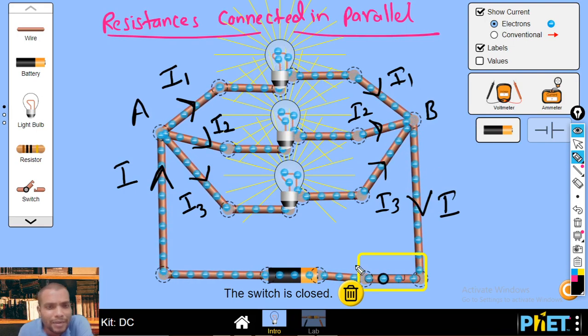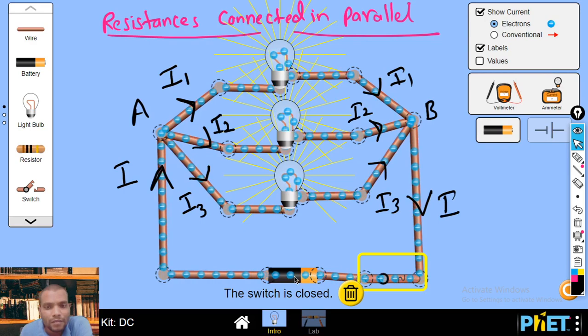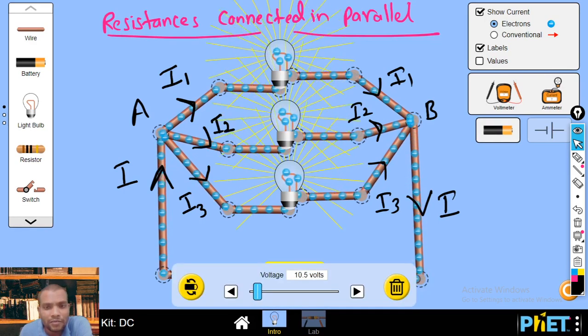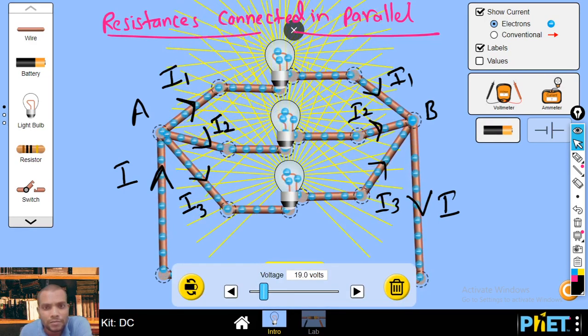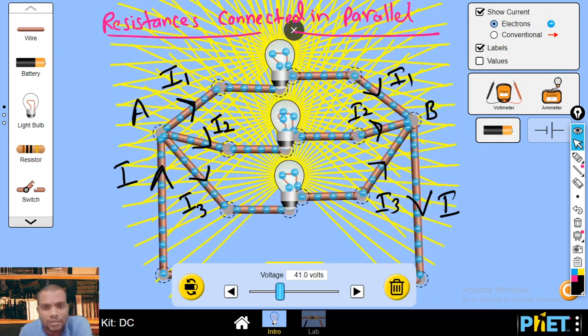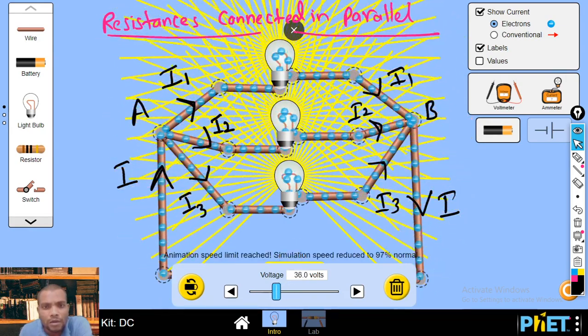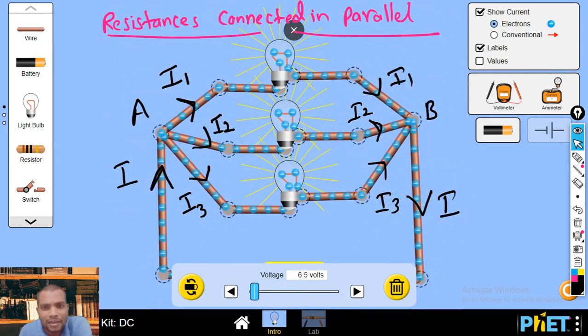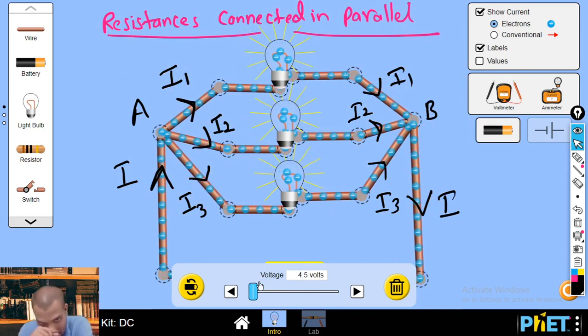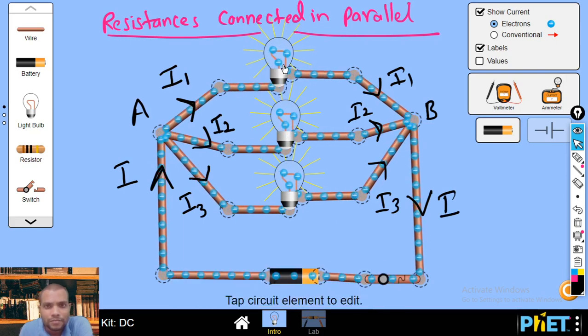So the total current remains constant throughout the circuit, but through each bulb the current value is different. Let us see what happens if we increase the voltage. If we increase the voltage, you can see all bulbs glow equally. There is no change in the intensity.